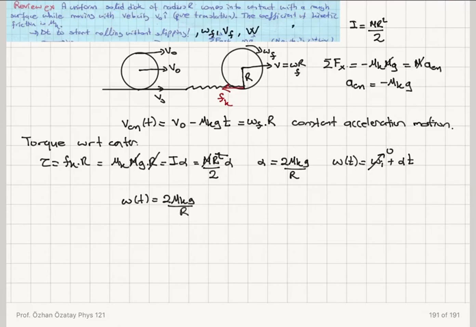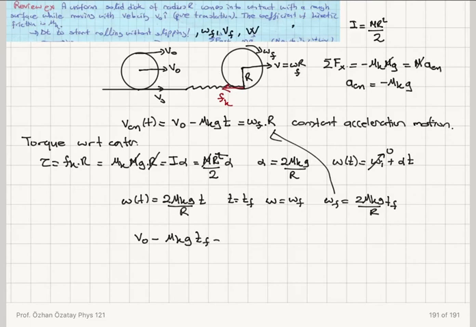So omega as a function of time is 2 mu k g over r times t. So when I reach omega final, when t is equal to t final, I have omega equal to omega final. Omega final will be 2 mu k g over r t final.